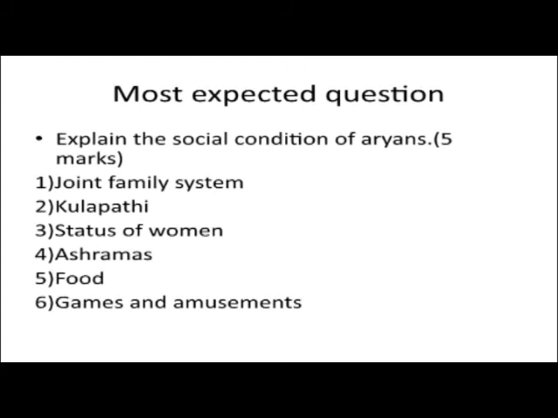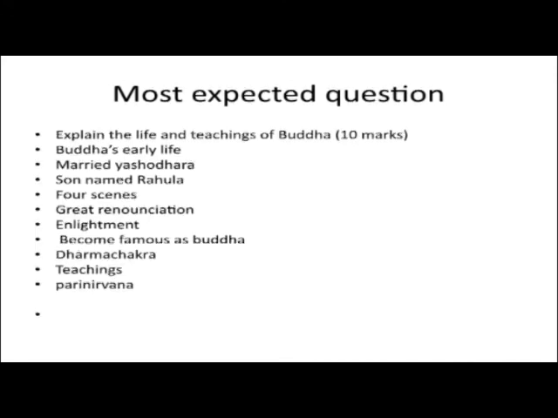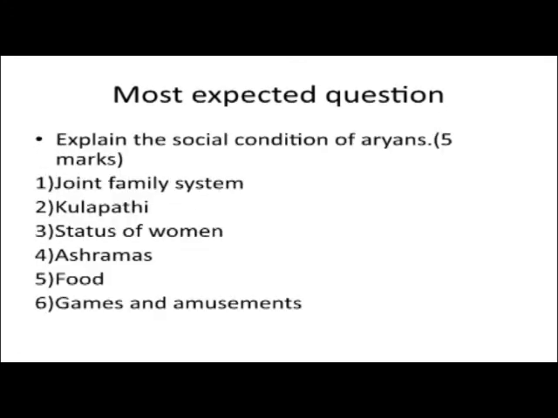Then the life of an individual is divided into 4 stages. They are brahmacharya, grihastha, vanaprashistha and sannyasa. These were the 4 stages each individual comes across. And their food habits: wheat, rice, barley, vegetables, fruits and milk.